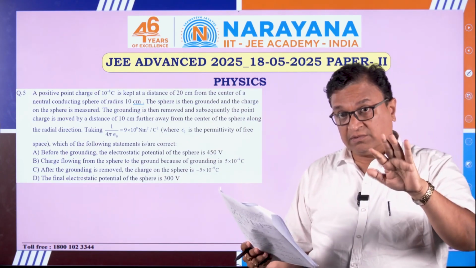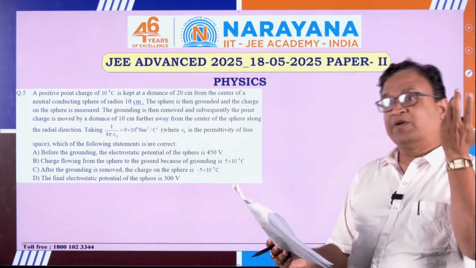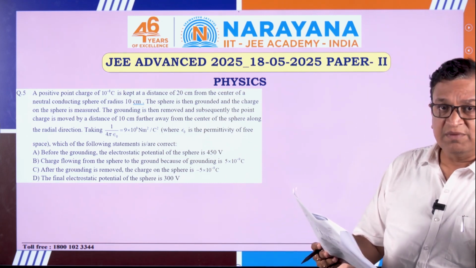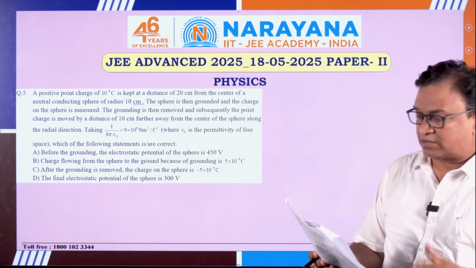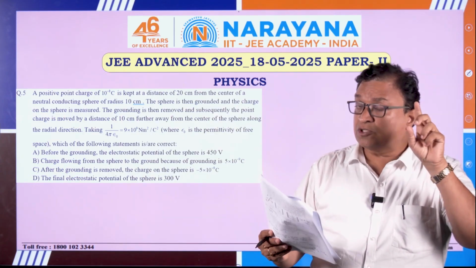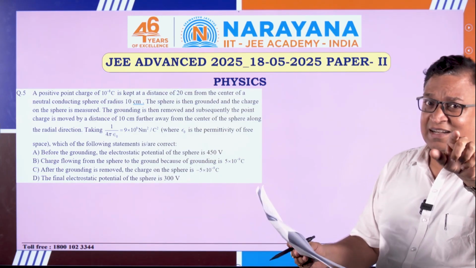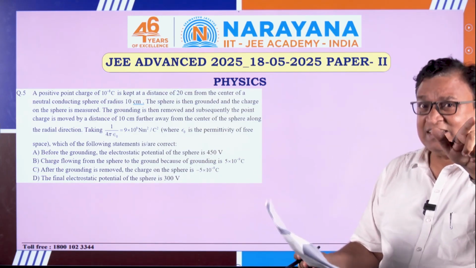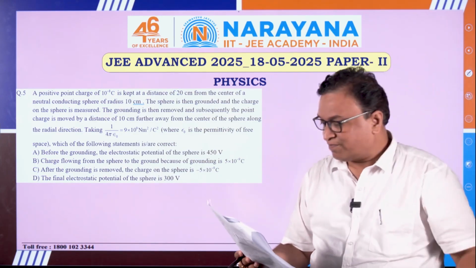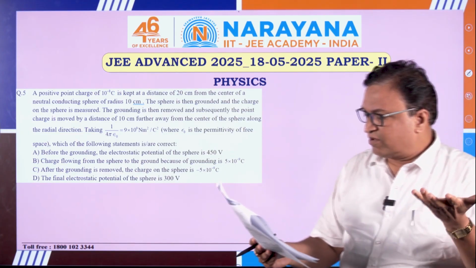First grounded, charge will flow from ground onto the conducting sphere, and now you are removing the earthing, meaning you are disconnecting it from the earth. Subsequently the point charge, earlier at a distance of 20 centimeters from the center of the conducting sphere, is no longer at that point. It is now at 30 centimeters from the center. You have taken the 1 by 4 pi epsilon naught value, which they have fortunately given.